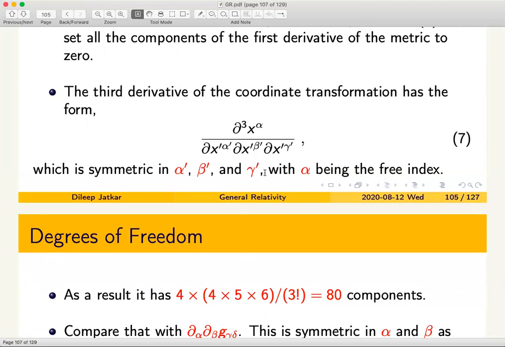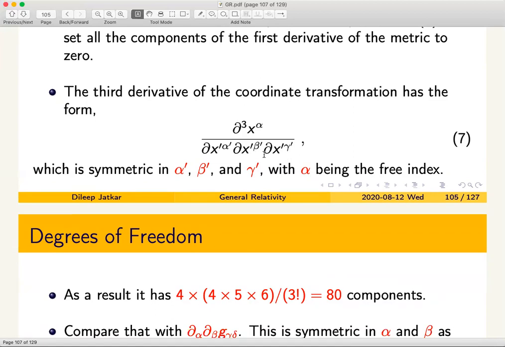So these components of the coordinate transformation would allow us to set about 80 components of the derivatives of the metric to 0. That much freedom we have in the coordinate transformation.